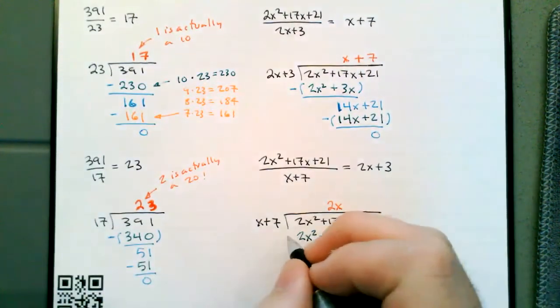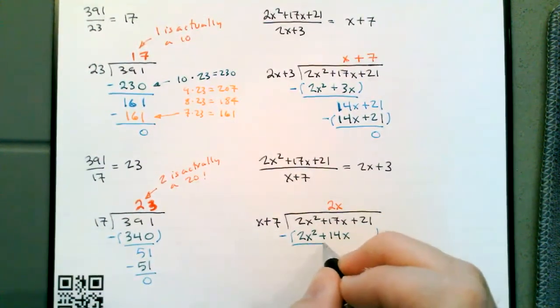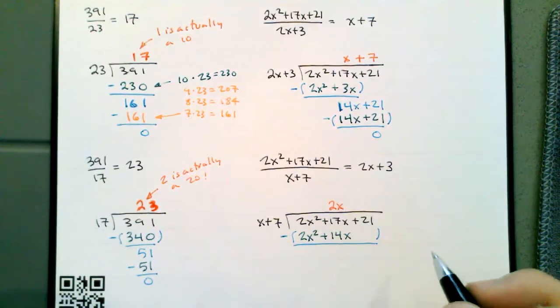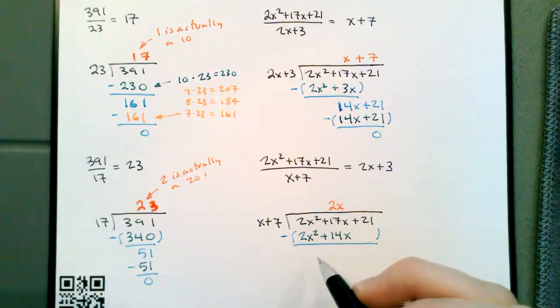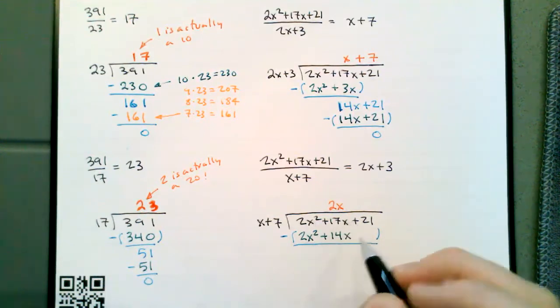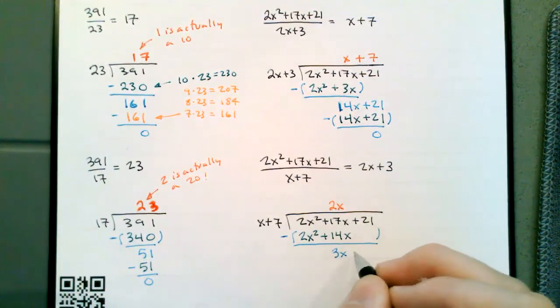Now we're subtracting this from the whole polynomial. The 21 is not just going to be brought down. We're going to say 21 minus 0 is 21. 2x squared minus 2x squared is 0, so that's what we wanted. 17x minus 14x is the 3x. 21 minus nothing is 21.